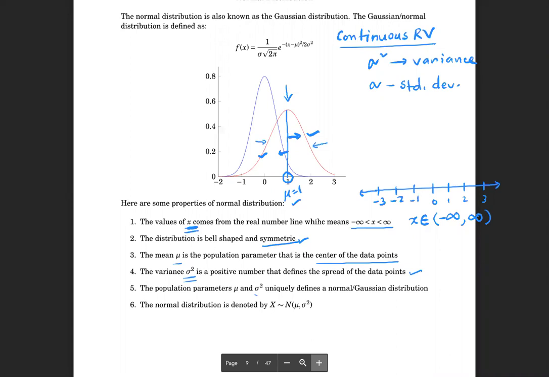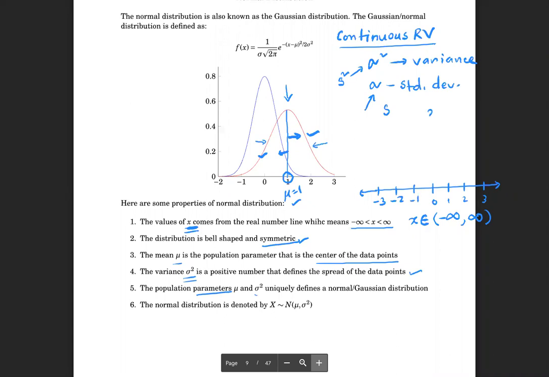And remember, sigma is the population standard deviation and S is the sample standard deviation. Similarly, sigma square is the population variance, S square is the sample variance. The next thing, the parameters, remember parameter versus statistic. A statistic is the characteristic of a sample and a parameter is the characteristic of a population.